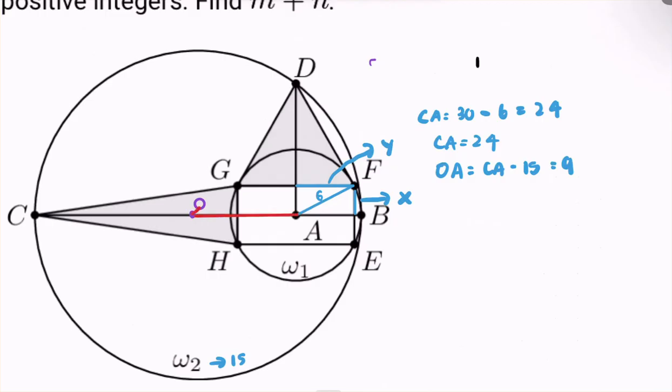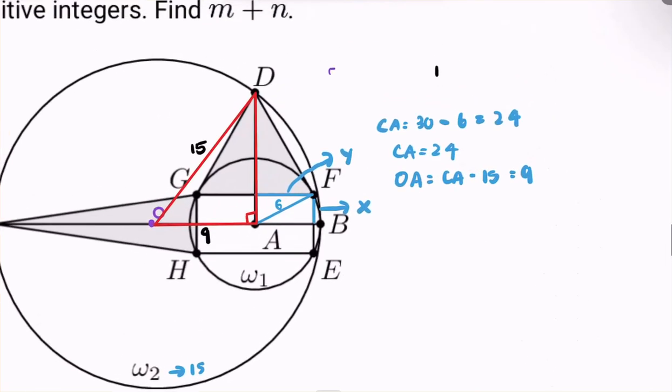Now let's consider triangle DOA. We know that this will be a right angle, and we know that OA is equal to 9. So we have to find DA in order to find the area of triangle DGF. But OD is already 15 since it's another radius of omega 2.